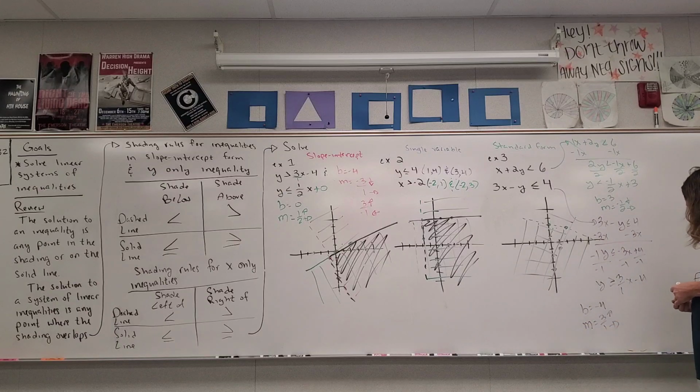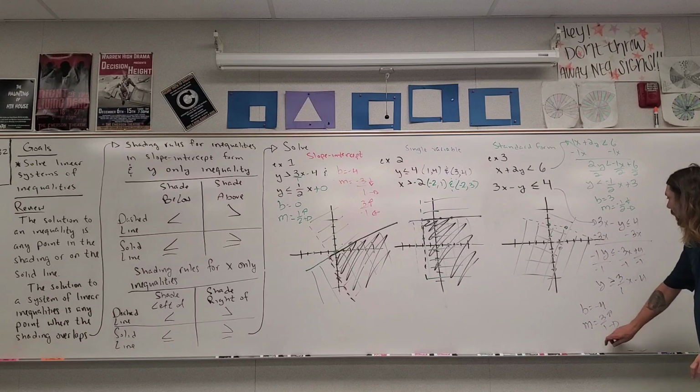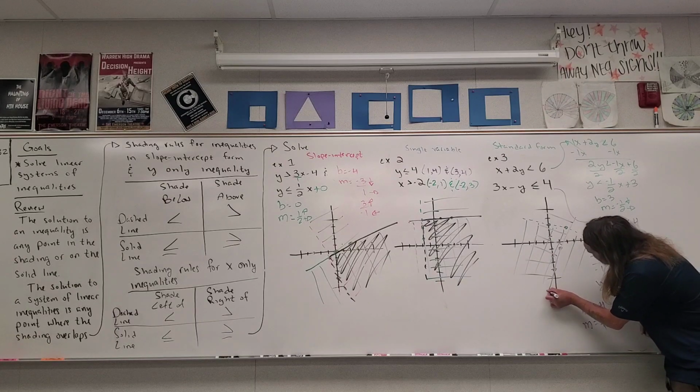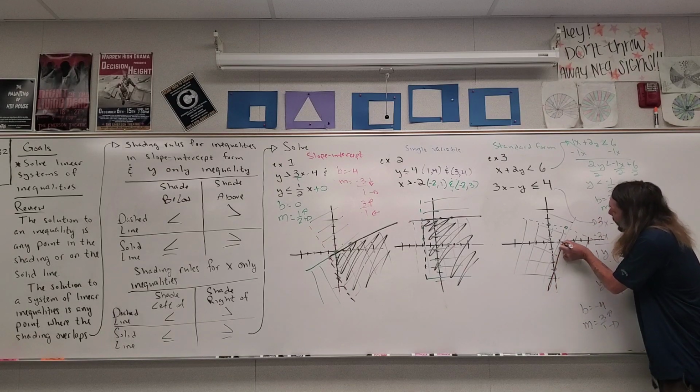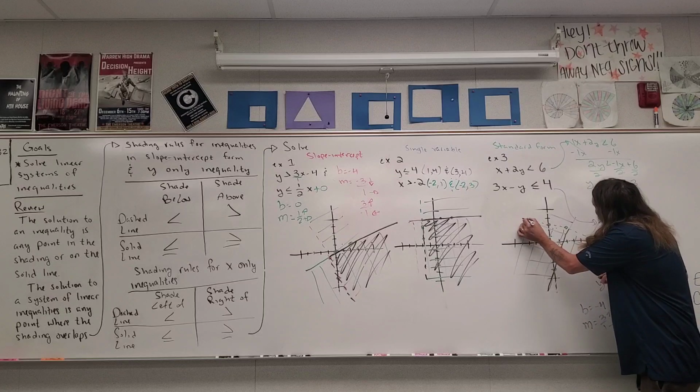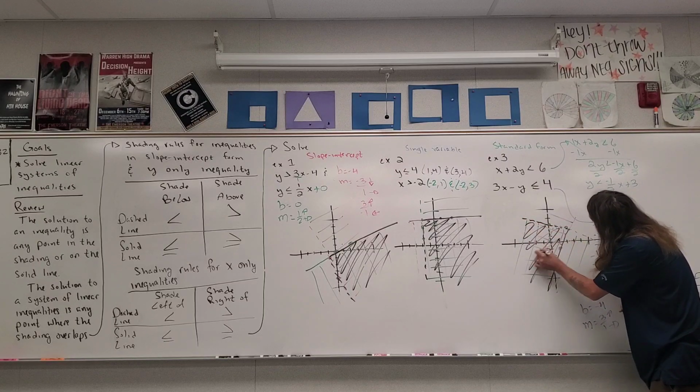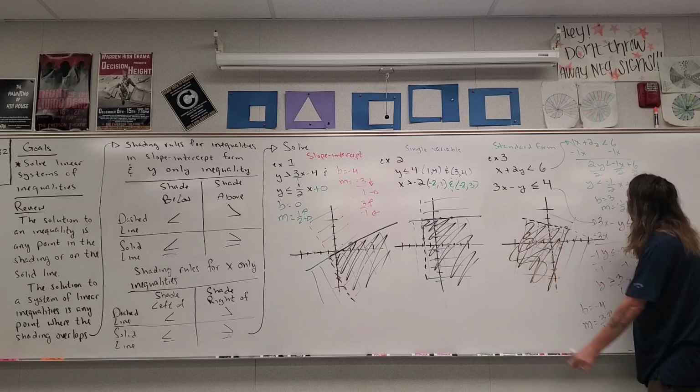Okay. So again, I'd like to highlight this answer where the shading overlaps. The solution is bordered by this solid line, that dashed line, and all the points in here. All right.